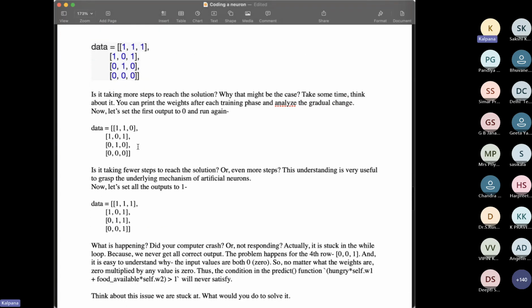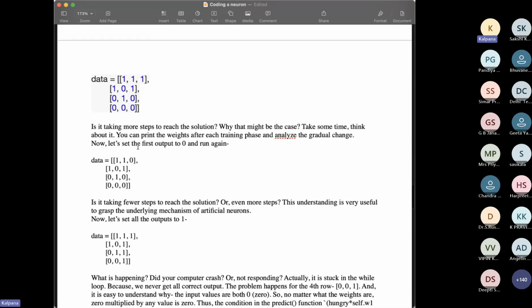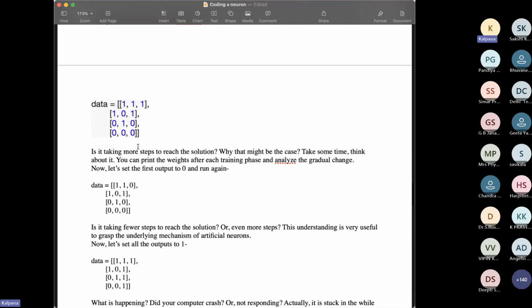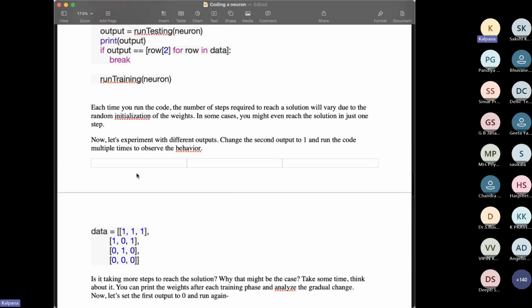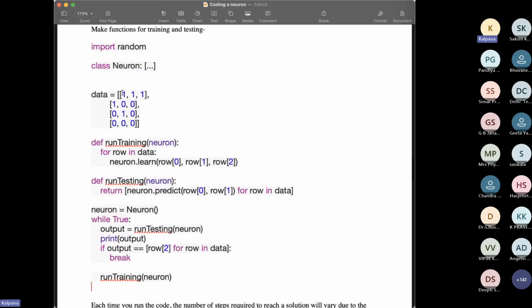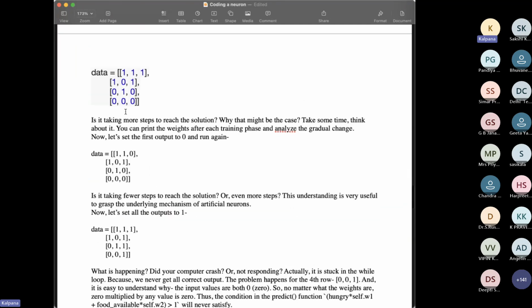Okay, so does anyone have any doubt in whatever has been explained? Yes. Now it may so happen that this neuron has been trained on the given data. Now if we change the data like this, in this case we have changed 101, we have changed the data. It may take more steps to reach the solution.